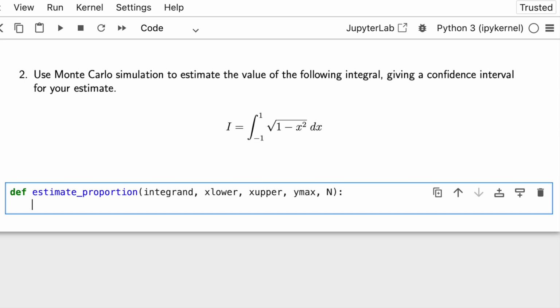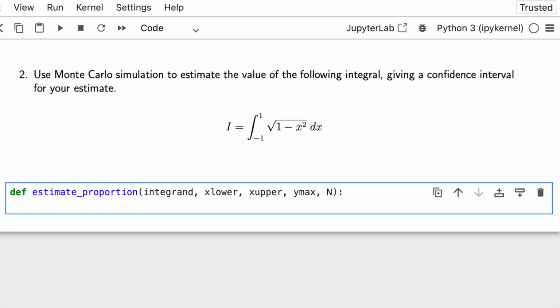Y max is the largest value of y that we will sample for the y coordinate. Those three arguments together define the rectangle that we will be sampling points in, from (x lower, 0) to (x upper, y max). And finally, n is the number of points to sample.